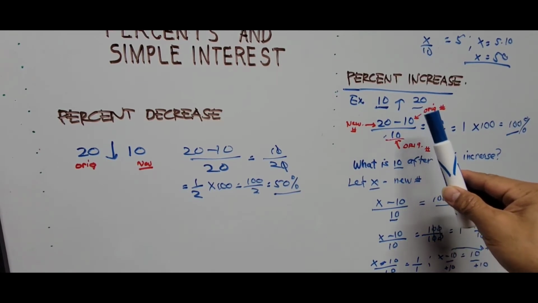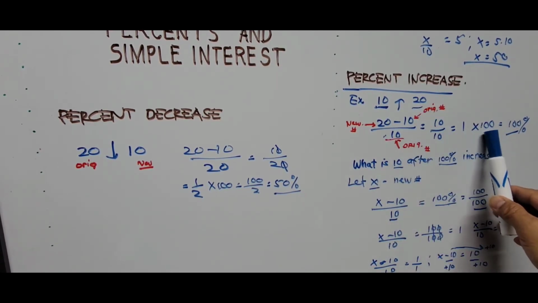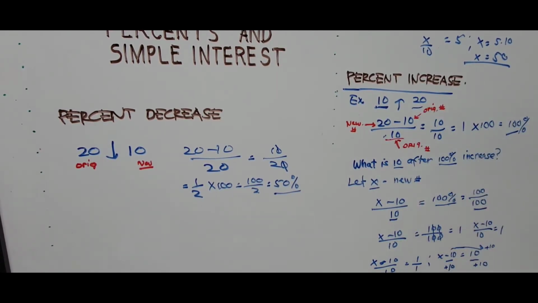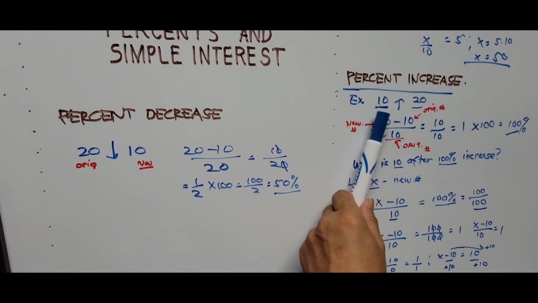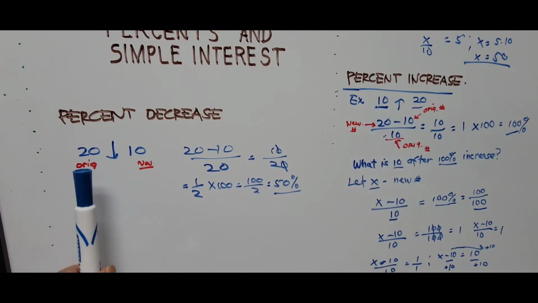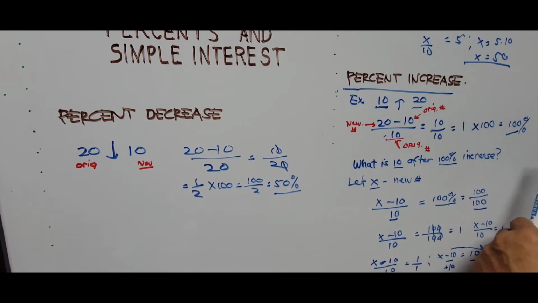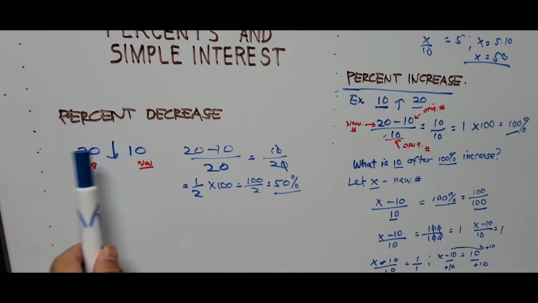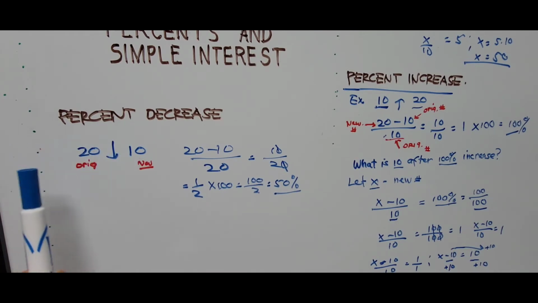But it's somewhat different if the value decreases from 20 to 10. The 10 was the original over there, and now the original number is 20 here. Decreasing from 20 to 10, the percent decrease is 50%, not 100%. We're just referring to the same numbers, but it's not the same.